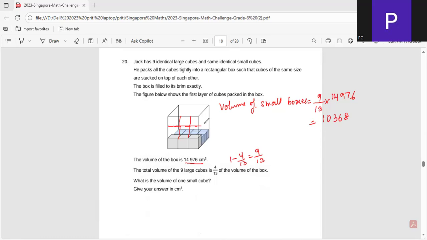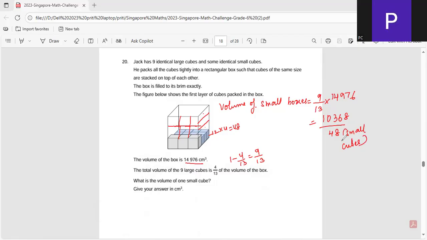You have to just do a little estimation here. How many small cubes will be there? So in the base layer, you have 3 into 4, 12. And how many layers will we have? We'll have 4 layers. 1, 2, 3, 4. So total, you will have 48 cubes. Correct? So you divide by 48 small cubes.